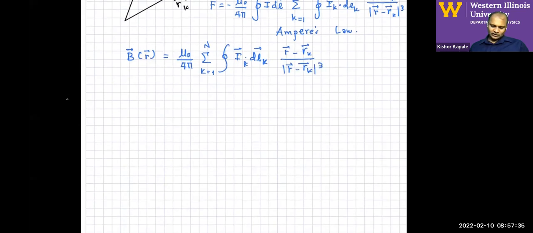Okay. So what then matters is you have the magnetic field defined in space, right? So certain vectors.